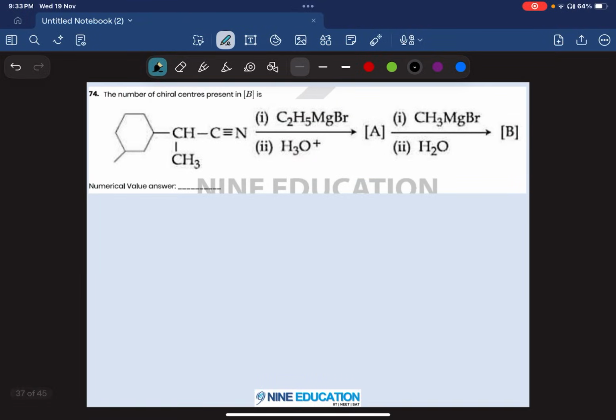Question number 74. In question number 74, they are asking the number of chiral centers in B. In the case of cyanide, the carbon itself is an electrophilic carbon. So whenever Grignard reagent reacts with this carbon, what is the product formed here?